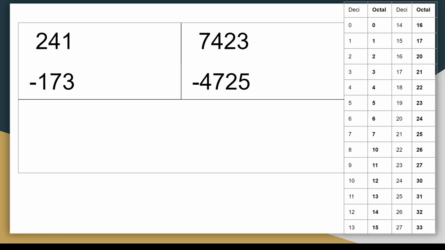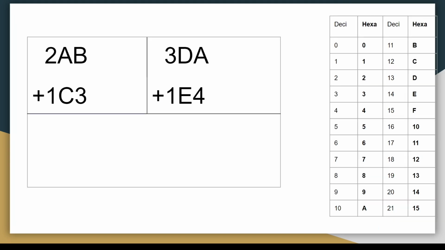Now let's move on to hexadecimal addition. The first example we're taking is 2ab plus 1c3. So b plus 3 would be 11 plus 3, which is 14. 14 is equal to e. So this is e. And then a plus c will be pretty high since it's 10 plus 12. 10 plus 12 is 22.